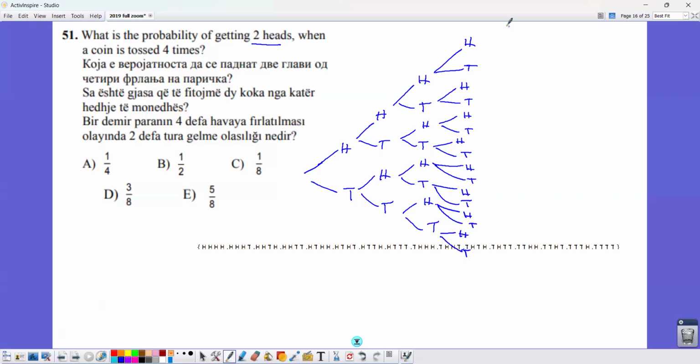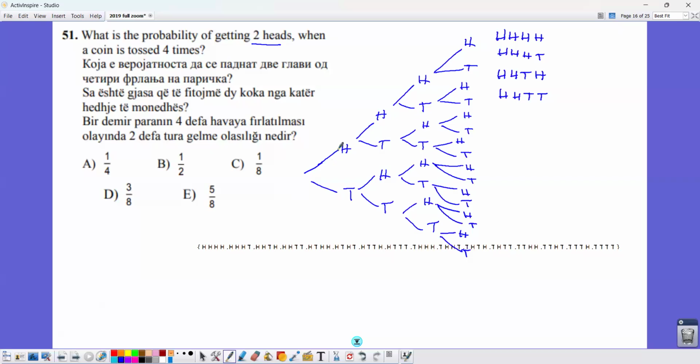It can be all of them heads: head, head, head, head. Or it can be head, head, head, tail. Then head, head, tail, head. Then head, head, tail, tail. Then we finish this part.